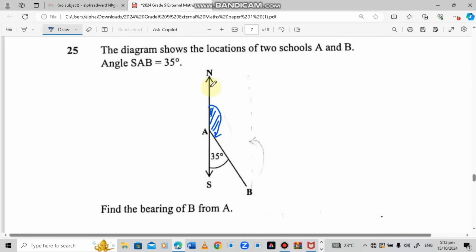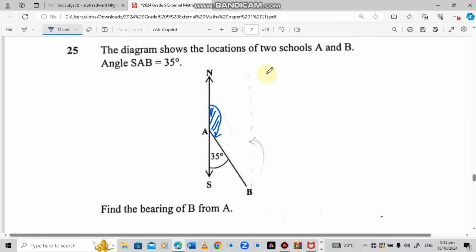But what you have to know again is that this is a straight line, and the total angles on a straight line, from here up to here, is 180. Out of 180, we have been given 35.